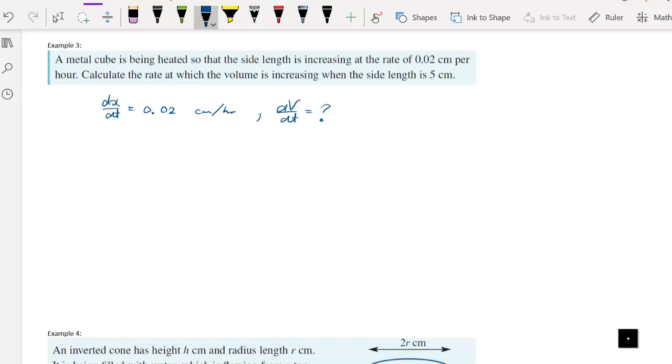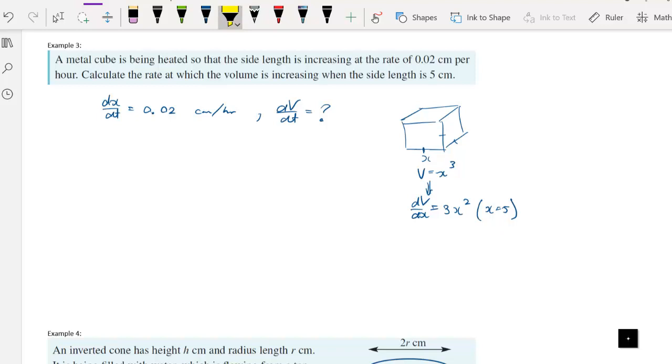If we draw ourselves a diagram, we've got a cube, and x is the important variable there. We know that the volume of a cube is x cubed, so dV dx will be 3x squared. We need that, and we know that the side length x is equal to 5 when we want to solve this.